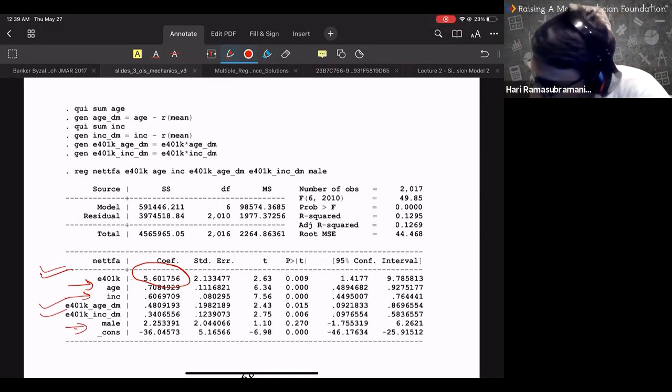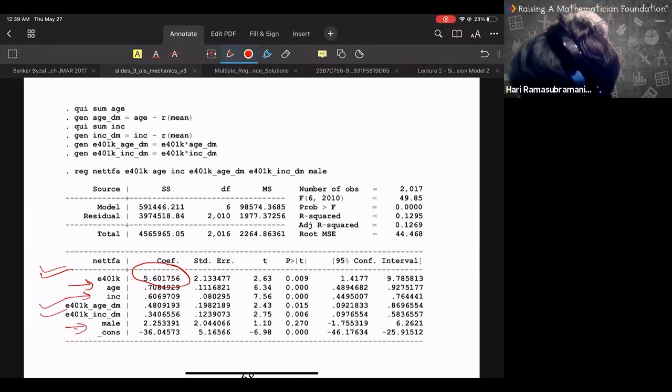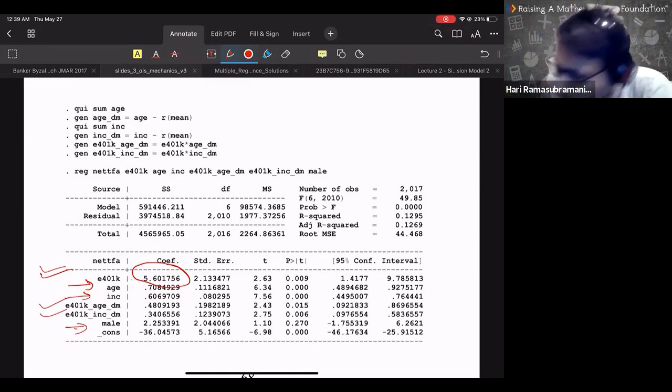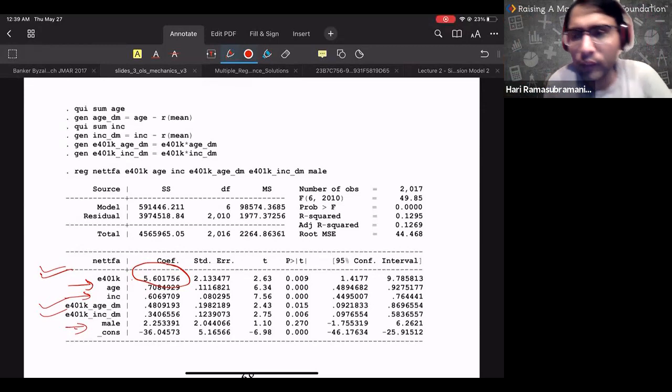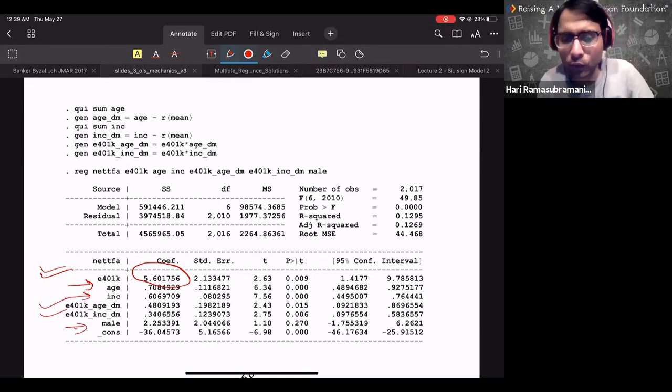It is 5.601756 plus 0.48099193 times age over and above the mean age. So as you increase the age above the mean, your effect goes on increasing. And anything below the mean, the effect is smaller than 5.601756.